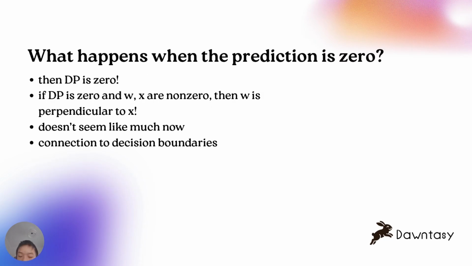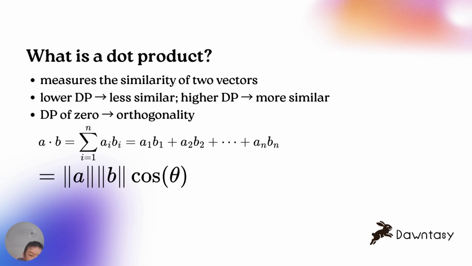Here's where it gets really, really interesting. Suppose, for instance, you predict 0 for any particular task. Then the dot product is 0, right? And if the dot product is 0, then the magnitude of A times the magnitude of B times cosine is 0.